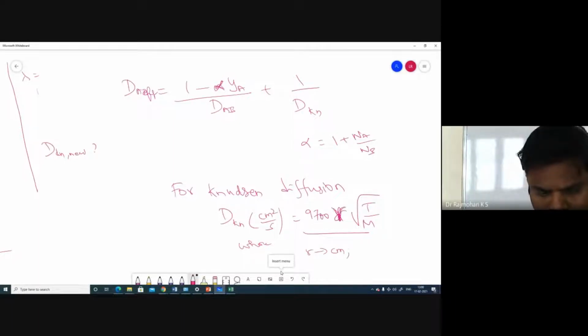If you are using D, that is also in centimeters, and the constant is 4850, with D the diameter of the pore and R the radius of the pore.